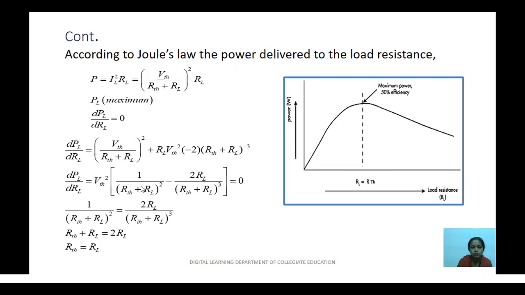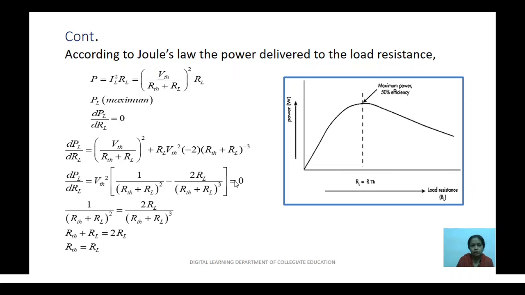So if you differentiate this, keeping the first term constant, differentiate the second term. So we keep VTH divided by RTH plus RL whole square, into RL by RL is 1. Next, keep RL constant and differentiate the second term, you get this. Then if you simplify this, you will get this term.